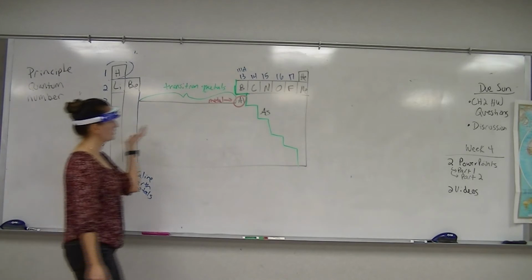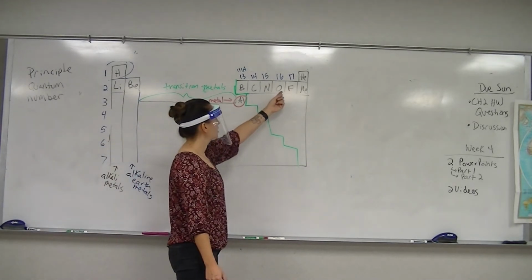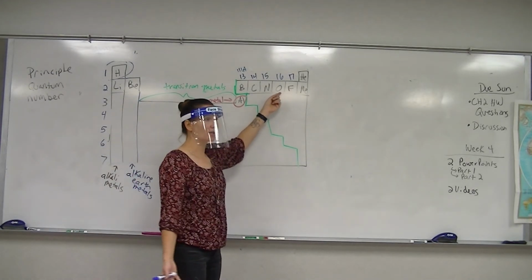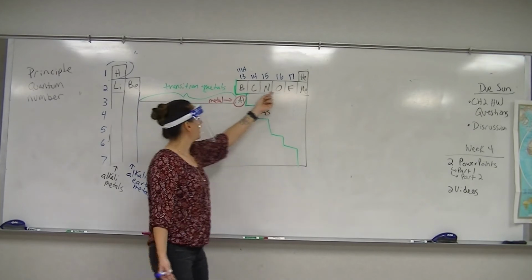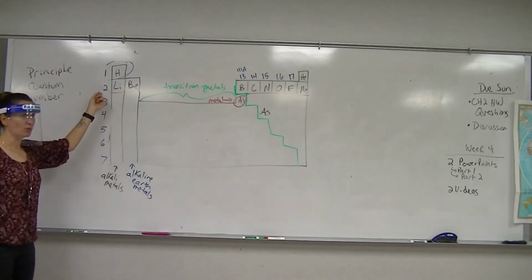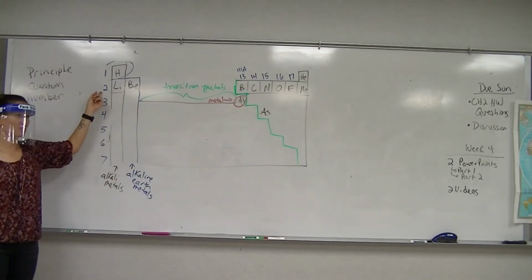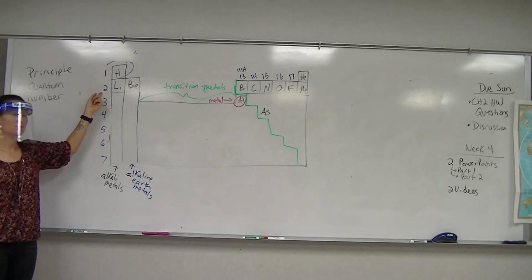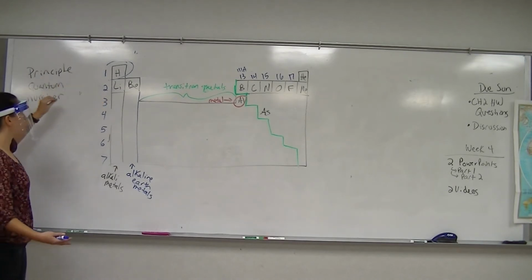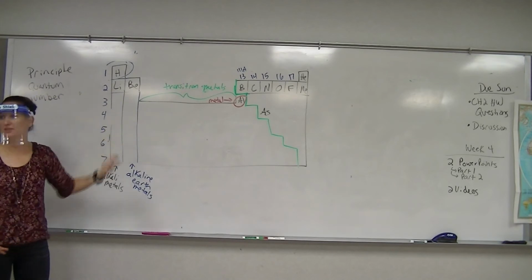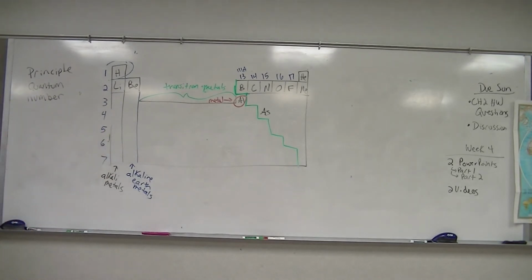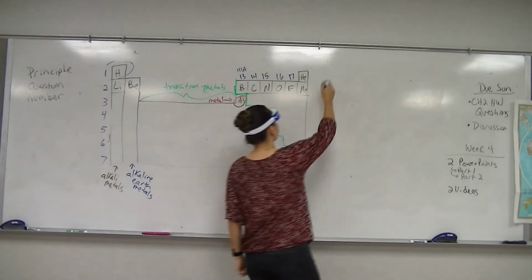Okay, well, where is oxygen? It's right here. So what I'm asking for is what row is oxygen in? And if I follow it over, I see that it's in row 2. So its principal quantum number is 2. Okay, so it's a big phrase, but all it means is what row is it in. So this is going to be our first piece of information when we start writing electron configurations.